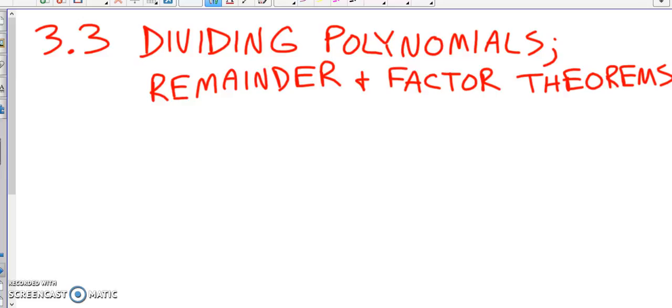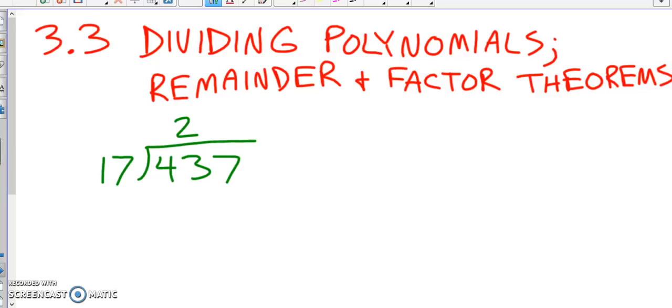If you're going to long divide with numbers, let's say I want to take 437 and divide by 17. So you take the 17, 17 doesn't go into 4, but 17 does go into 43 twice. So you write a 2 up there. 17 times 2 is 34.